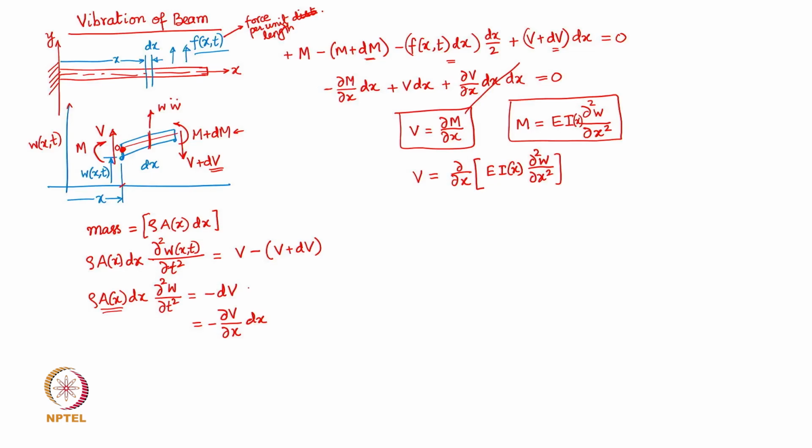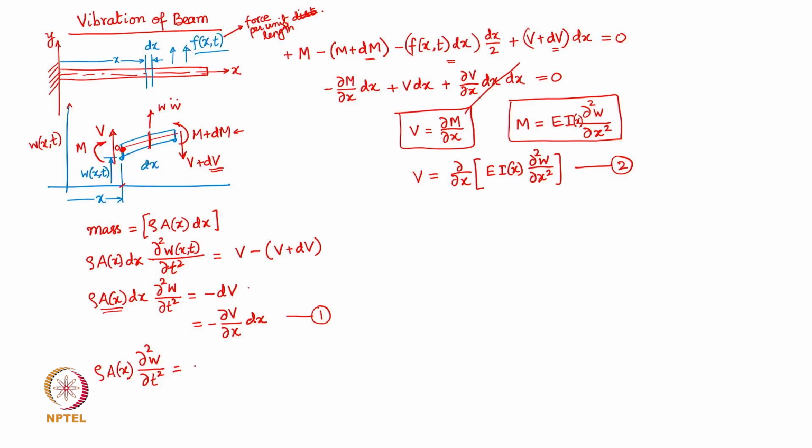Alright, with this I can use equation number 2 in equation number 1, and then write this as rho A(x) dx I can cancel out throughout, and then I write this as dou 2w by dou t square equal to, so V is what I have here.